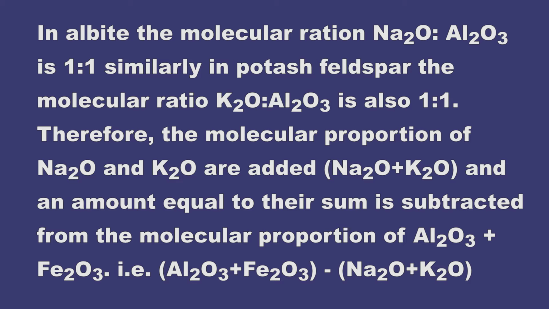Similarly, in potash feldspar, the molecular ratio K2O to Al2O3 is also 1:1. Therefore, the molecular proportions of Na2O and K2O are added, Na2O plus K2O, and an amount equal to their sum is subtracted from the molecular proportion of Al2O3 plus Fe2O3, that is Al2O3 plus Fe2O3 minus (Na2O plus K2O).